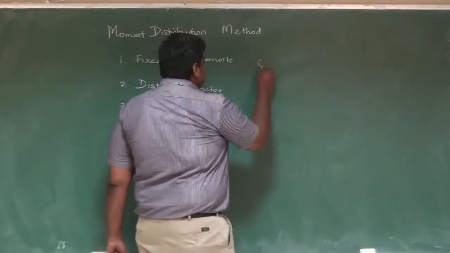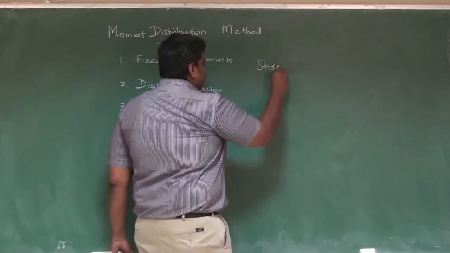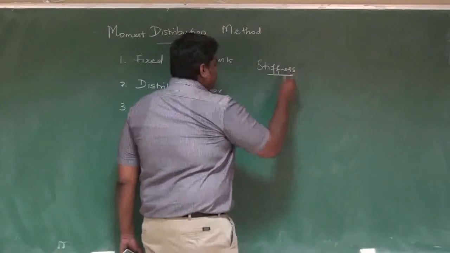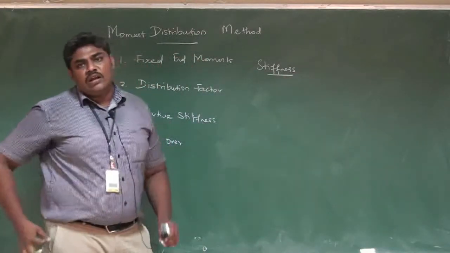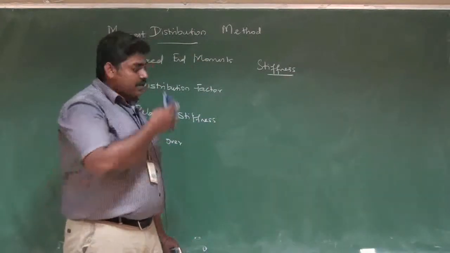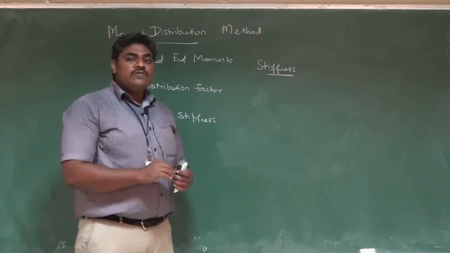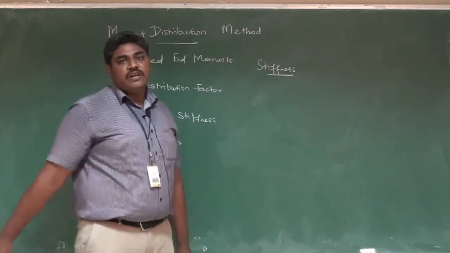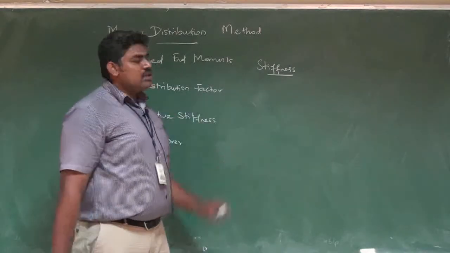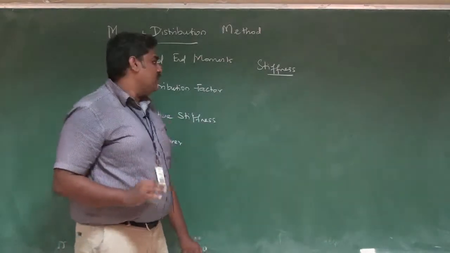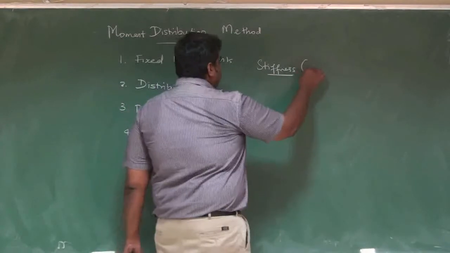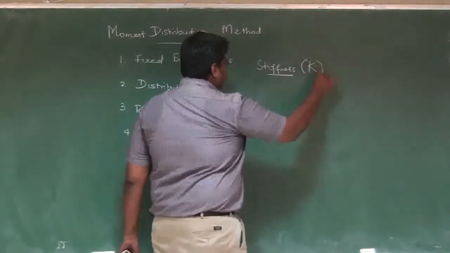Now we should know the definition of stiffness. I think you would have studied this in your MOS subject, mechanics of solids. Stiffness is nothing but the force required to produce unit rotation or displacement in the structure, right? This is a common definition for all stiffness, and normally it is denoted with the capital K, right?